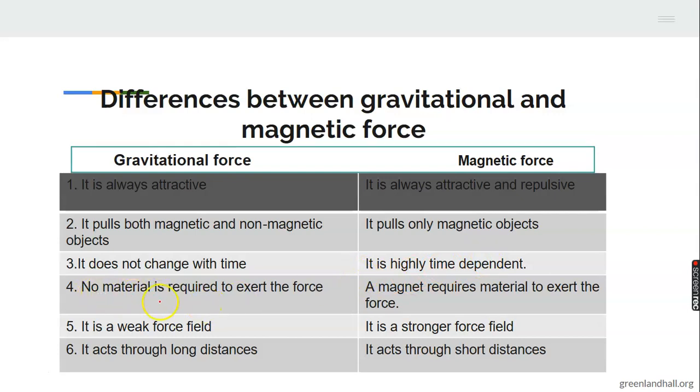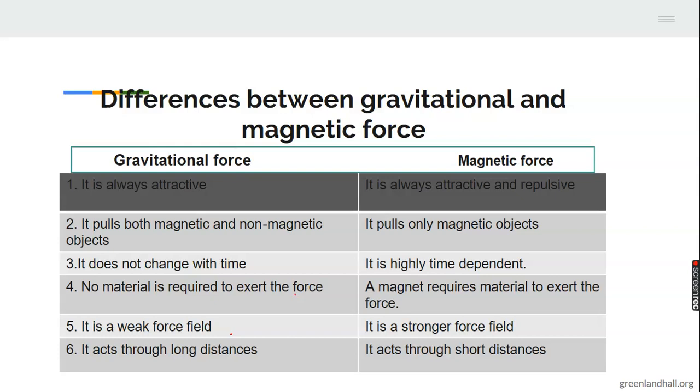The fourth one, no material is required to exert the force. That means it needs no medium. So far you are on planet Earth, there's this gravitational force that acts on any object, any body whatsoever. But for magnetic force, a magnet requires material to exert the force. Then the fifth one, it is a weak force field.